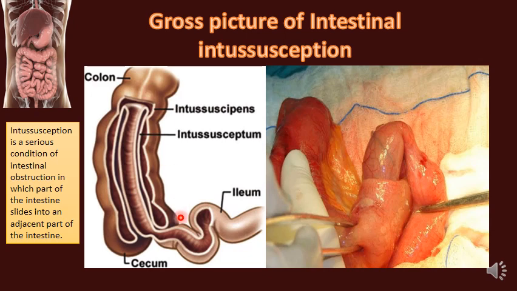It may occur in the ileocecal area, thus called the ileocecal intussusception, or may occur in the colon, thus called colocolic intussusception. As we have here, the intussusception area is formed of the part which goes in or slides in, called the intussusceptum here on the right, and the part which receives the other part, which is called the intussuscipiens.